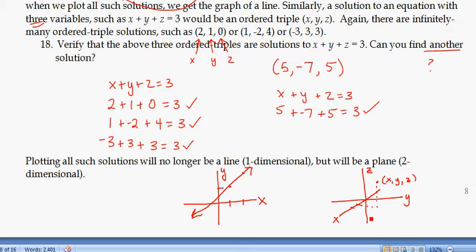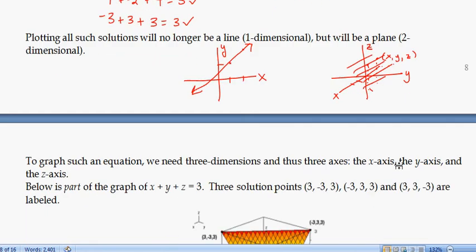So I'd go over some other different number of x, some different number of y, and up some different number of z. What's going to happen when I plot all these points is it's going to make a plane, a two-dimensional plane. So everything goes up one dimension. When you plot in a two-dimensional plane the solutions of a linear equation, you get a one-dimensional line. If you plot in three dimensions, you get a two-dimensional plane.